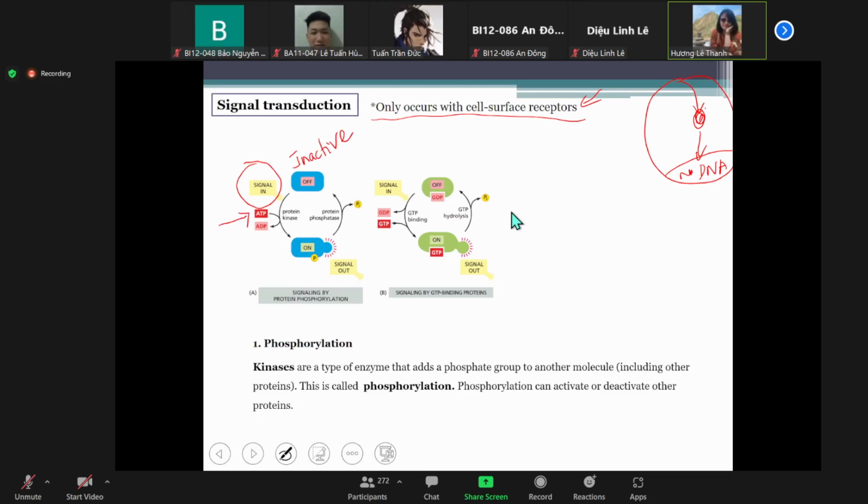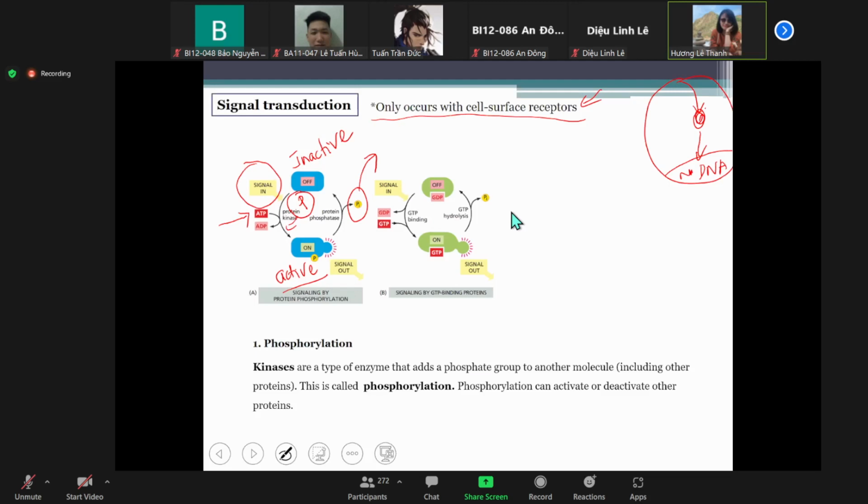ATP, the energy currency of the cell, comes to donate one phosphate group here, changing it from inactive into the active form. And if the phosphate group is released, it changes from active into inactive.